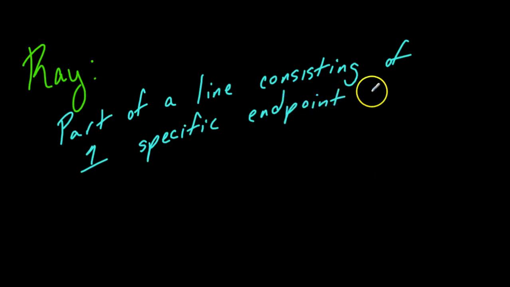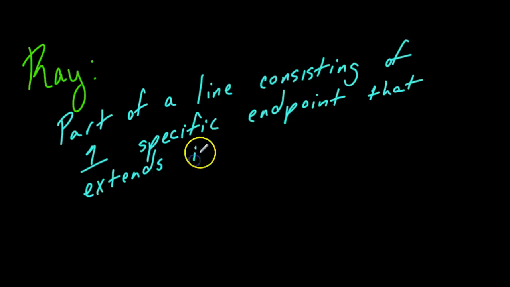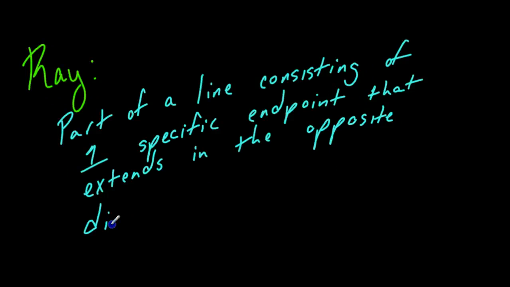Now if it only has one endpoint, that means that the other side is going to extend in the opposite direction indefinitely. So again, it has one specific endpoint and the other side of it extends in the opposite direction indefinitely.